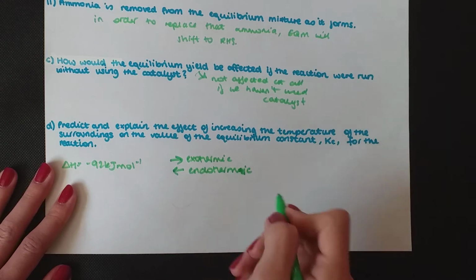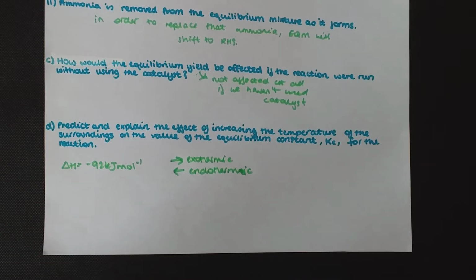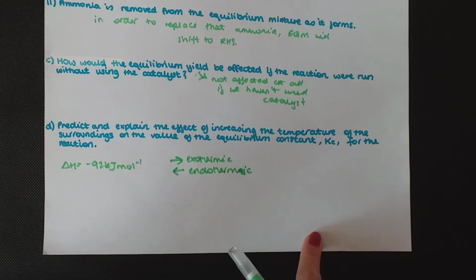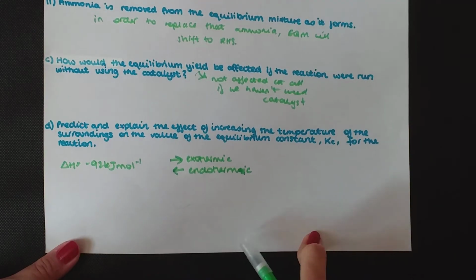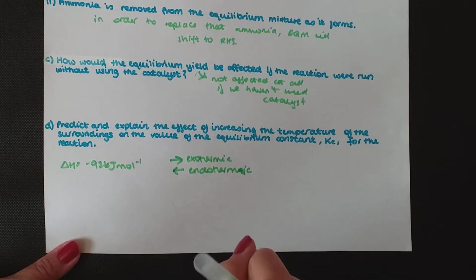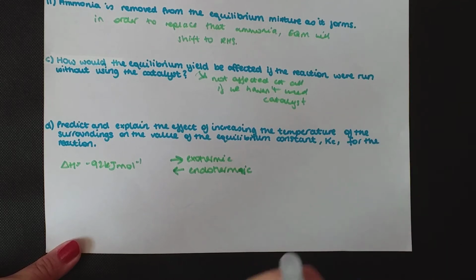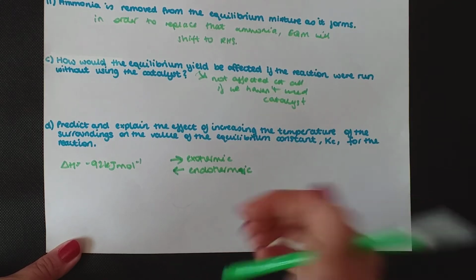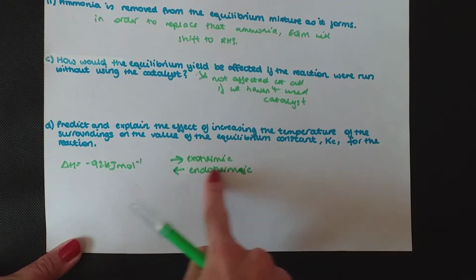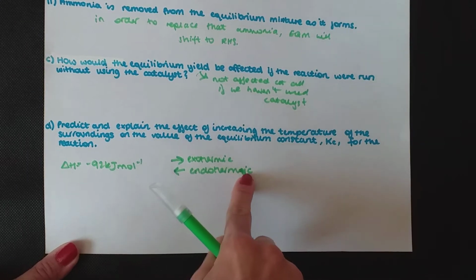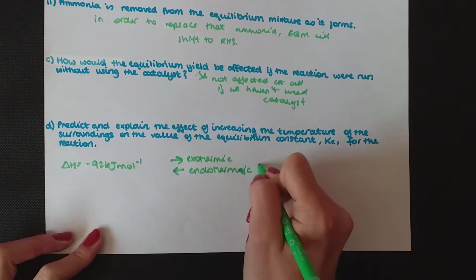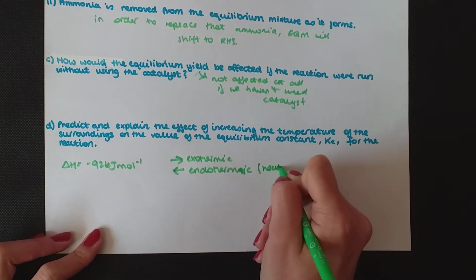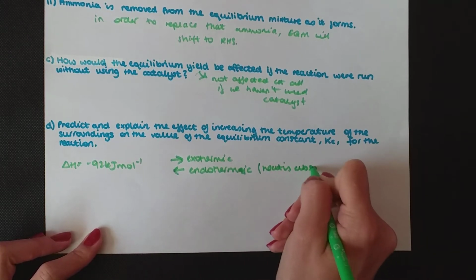Endothermic, without an O. Okay, so when we increase the temperature of the surroundings, the equilibrium will do whatever it can to decrease that temperature. And it will decrease the temperature through an endothermic reaction, because in an endothermic reaction, the heat is absorbed.